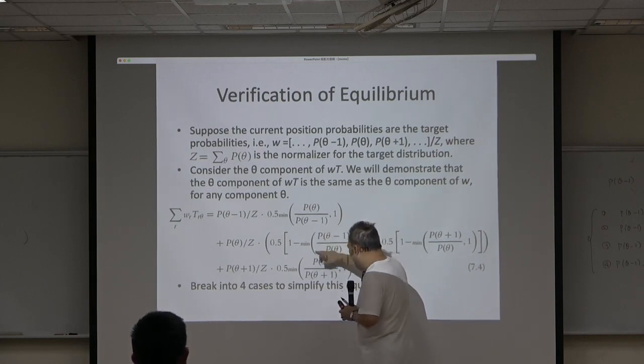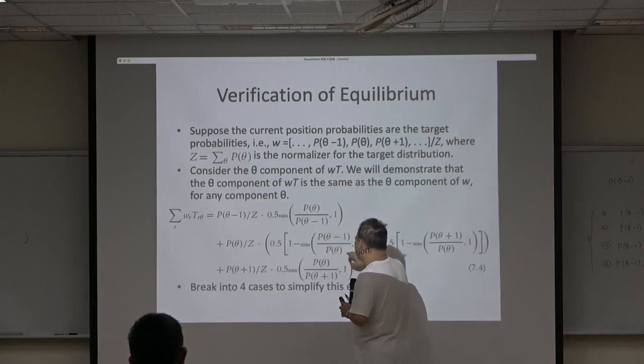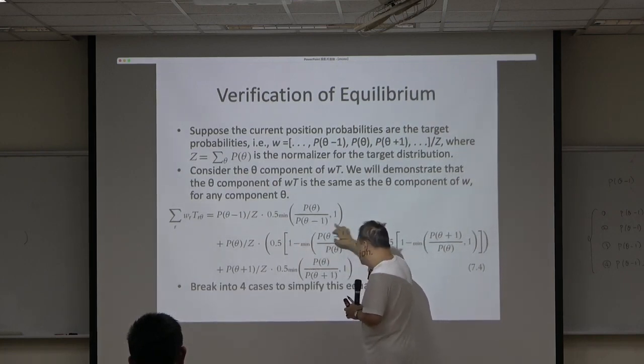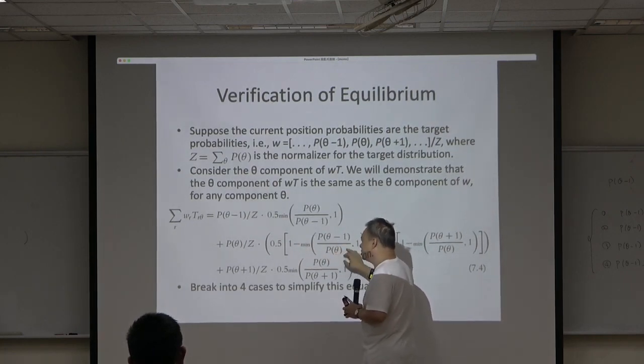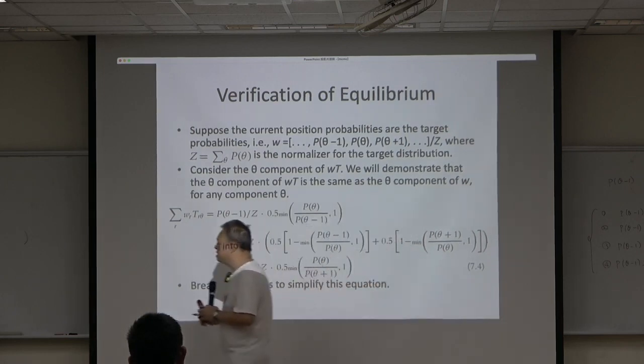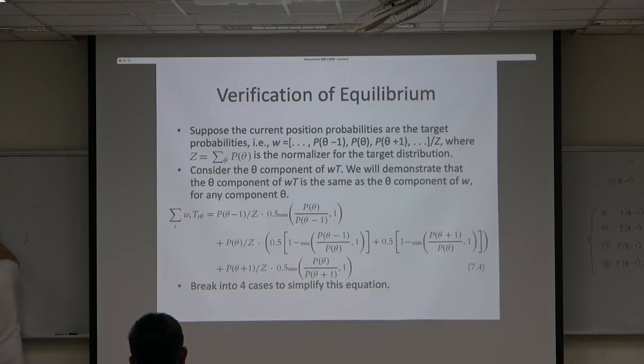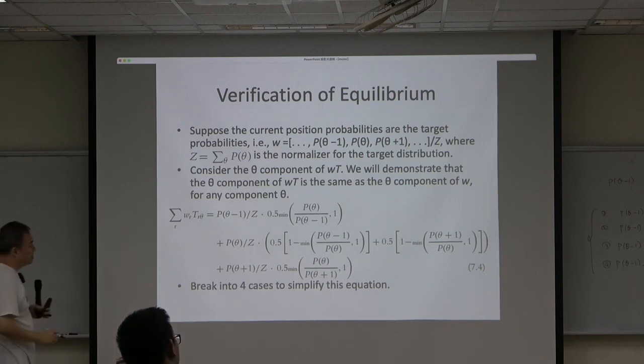So this term is going to be smaller than 1. So we have 1 minus this fraction. So it's going to be 0.5 times p theta and p theta minus 1, right?